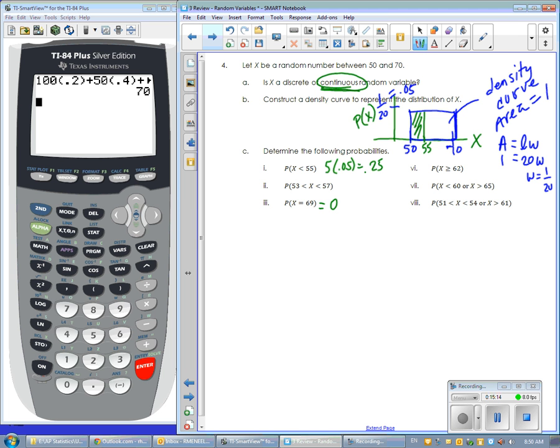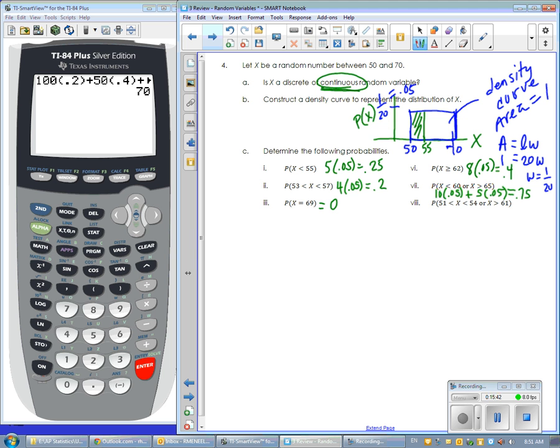So that's just going to be 4 times 0.05, which is 0.20, or 20%. Greater than or equal to 62 gives me a width of 8 and a height of 0.05, which is going to be 0.4. Less than 60 or greater than 65 is going to be 10 times 0.05 plus 5 times 0.05. And that gives me 0.75.